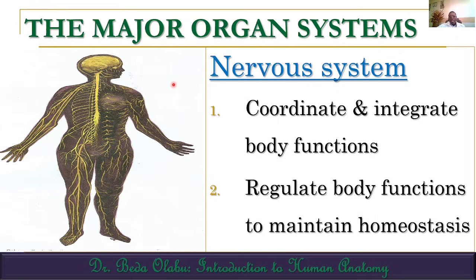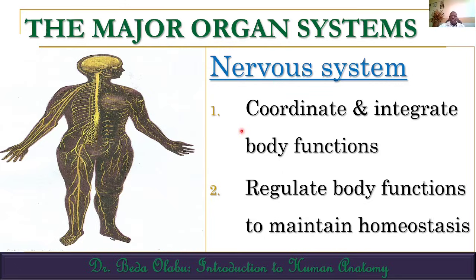Homeostasis is the maintenance of some activities in the body within some narrow physiological limits. For example, you want to maintain the body temperature within a particular range. You want to maintain the concentration of blood glucose within a particular range. So the nervous system helps to maintain those physiological ranges in the body.